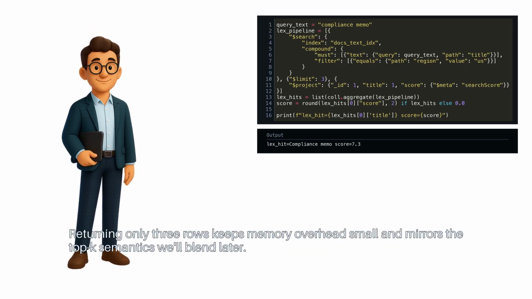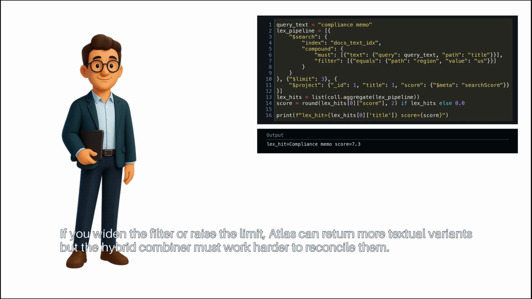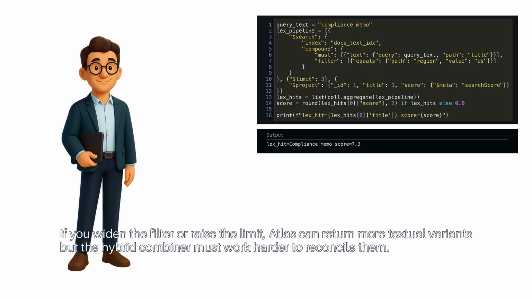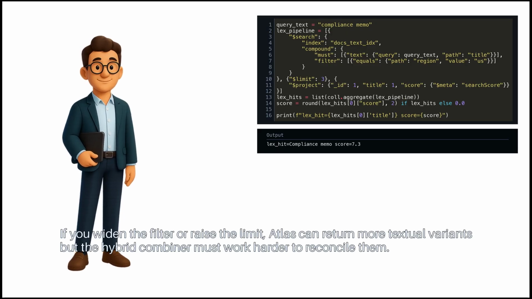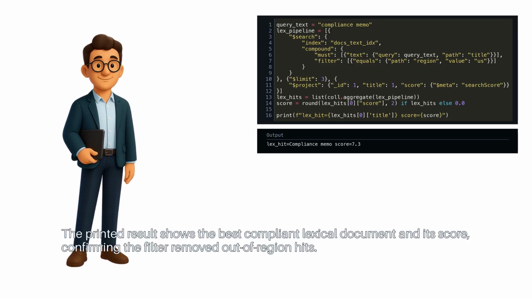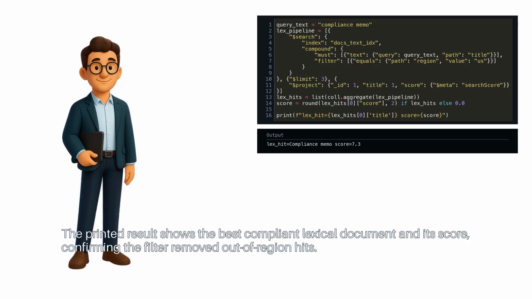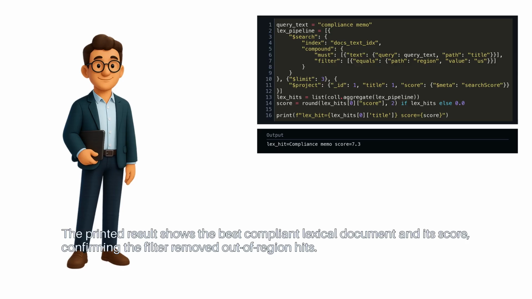Returning only 3 rows keeps memory overhead small and mirrors the top case semantics will blend later. If you widen the filter or raise the limit, Atlas can return more textual variants, but the hybrid combiner must work harder to reconcile them. The printed result shows the best compliant lexical document and its score, confirming the filter removed out-of-region hits.